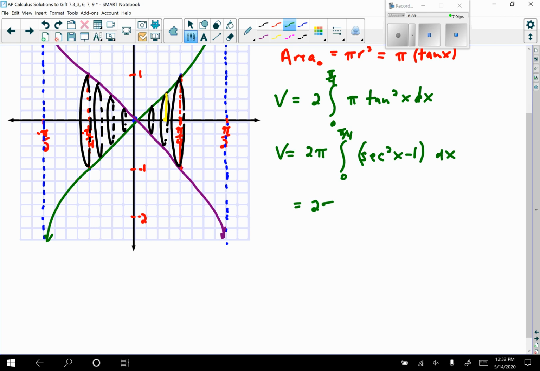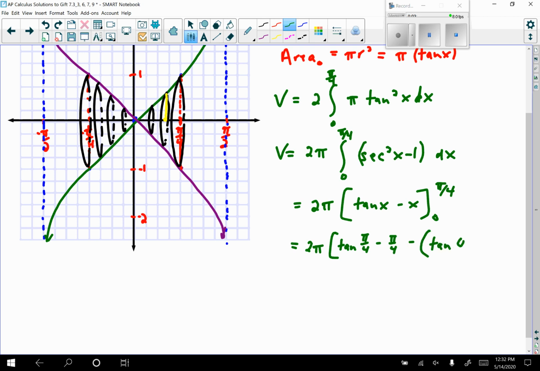So we get 2 pi times tangent x minus x from 0 to pi over 4. This will become 2 pi times tangent of pi over 4 minus pi over 4, minus tangent of 0 minus 0.